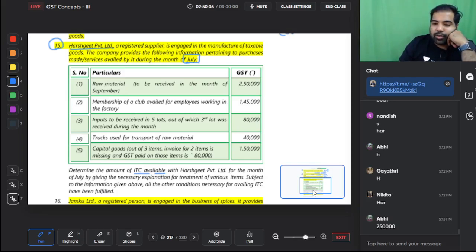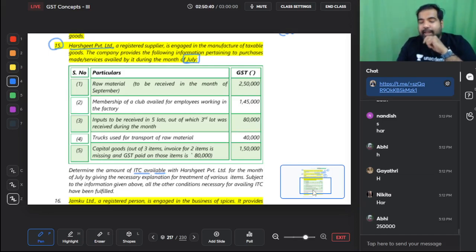Sorry, Abhi, that is the wrong answer. This is the month of July. Please read again, guys. Be careful when you read. Which ITCs can be taken? Whichever number you think can be taken, put in the chat box.